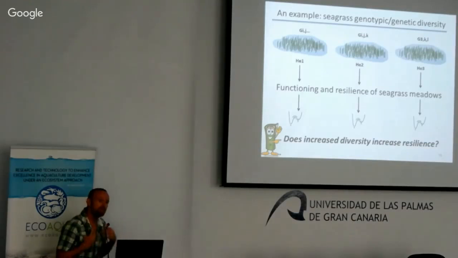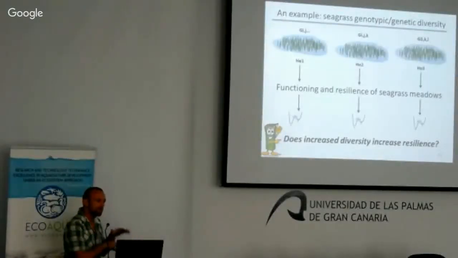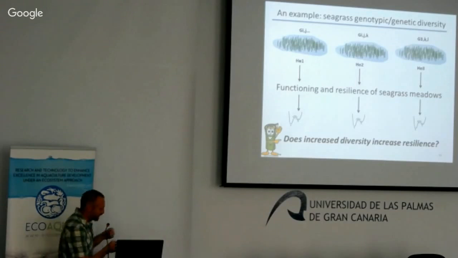So it's not only a matter of the number of genotypes, the number of clones that constitute a particular seagrass, but also a matter of the genetic relatedness among them. And we should tackle this problem with a range of genetic measurements, as for example the expected or the observed heterozygosity. Okay?